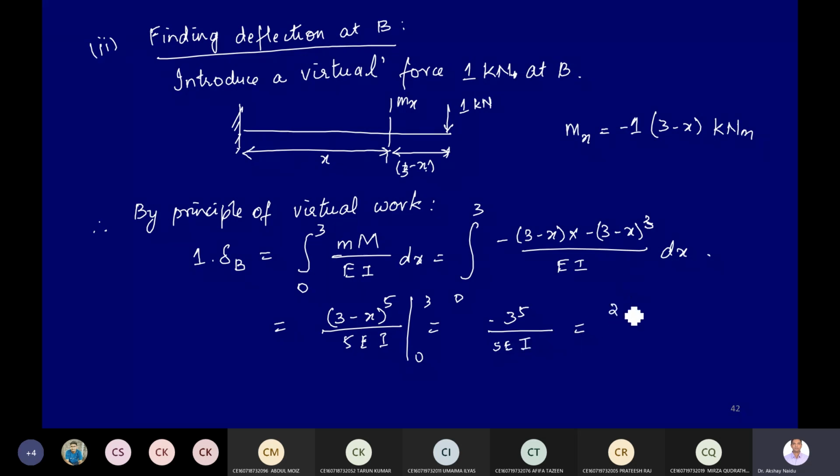So 3 power 5 is 243, into 5 into 40,000.